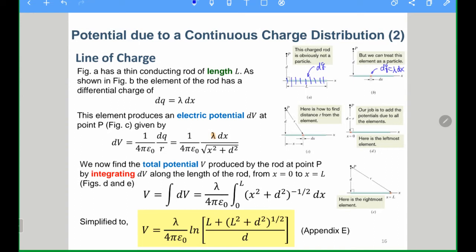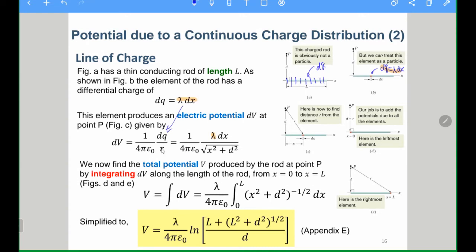Then we try to calculate the potential generated by that part, which is dV equals 1 over 4 pi epsilon naught times dq over r. Here dq equals lambda dx, so just plug this into here.